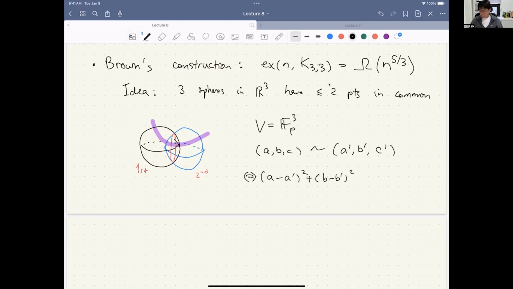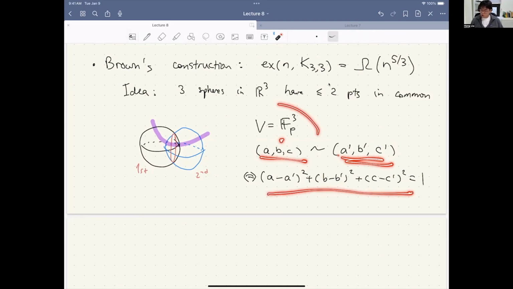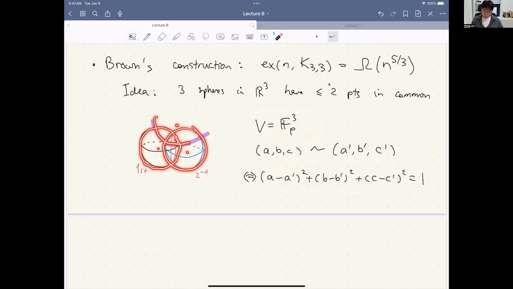You take the difference of the coordinates, square, sum them up, equals 1. So if you have a vertex (a, b, c), its neighbors (a', b', c') must satisfy this equation, which is exactly the sphere with (a, b, c) as the center. All the points on the sphere are its neighbors. So if you have 3 points, their common neighbors are exactly the common intersection of 3 spheres, which has at most 2 points.